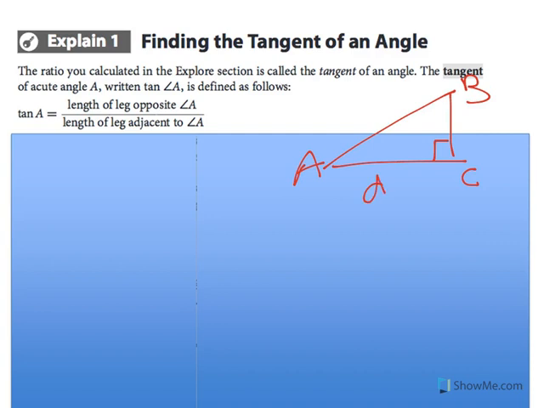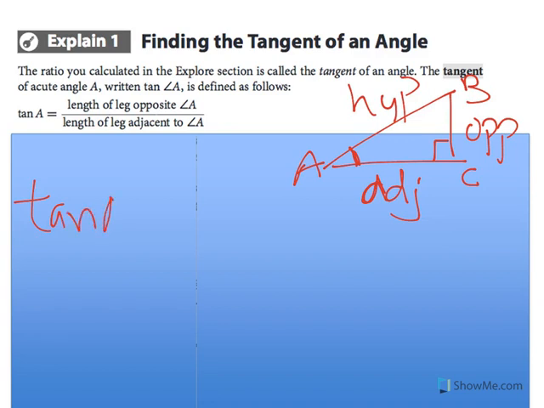If we're observing from angle A, this is adjacent to angle A, this is opposite of angle A, and this is the hypotenuse. So we see that tangent of angle A is equal to the length of the leg opposite of angle A, that is BC, over the length of the leg adjacent to angle A, that is AC. Okay?